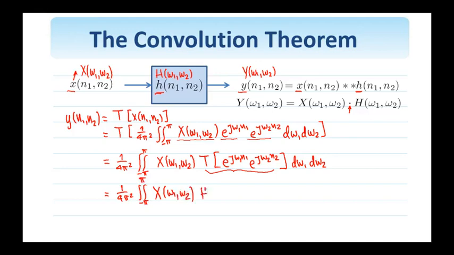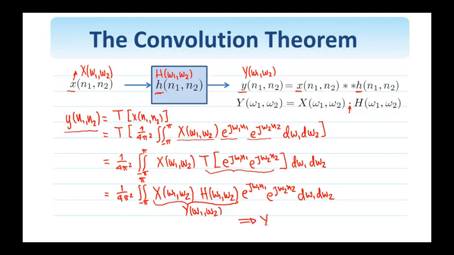So it's the frequency response of the system times the complex exponentials. So now this is the expression for the inverse Fourier transform of y, and therefore this signal here is the Fourier transform of y. So this is Y(omega1, omega2). So indeed we showed that Y(omega1, omega2) equals X(omega1, omega2) times the frequency response of the system.